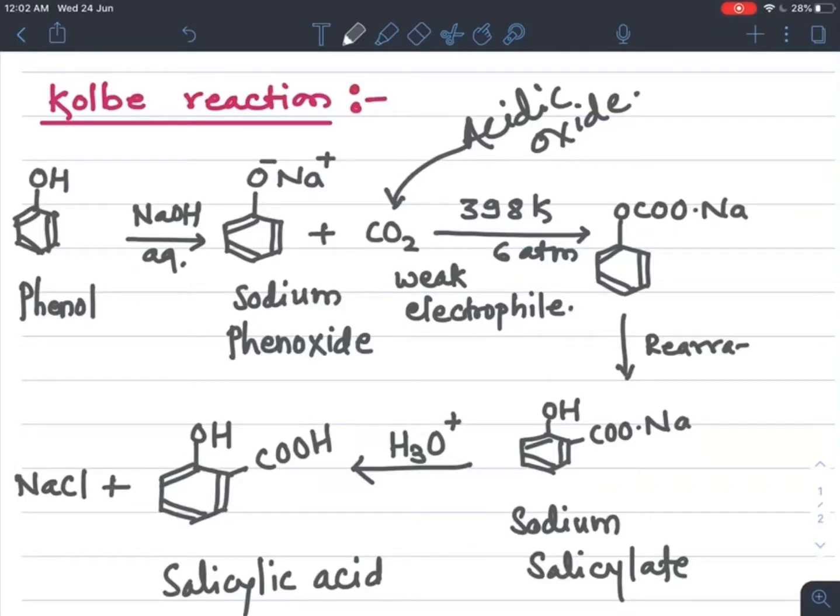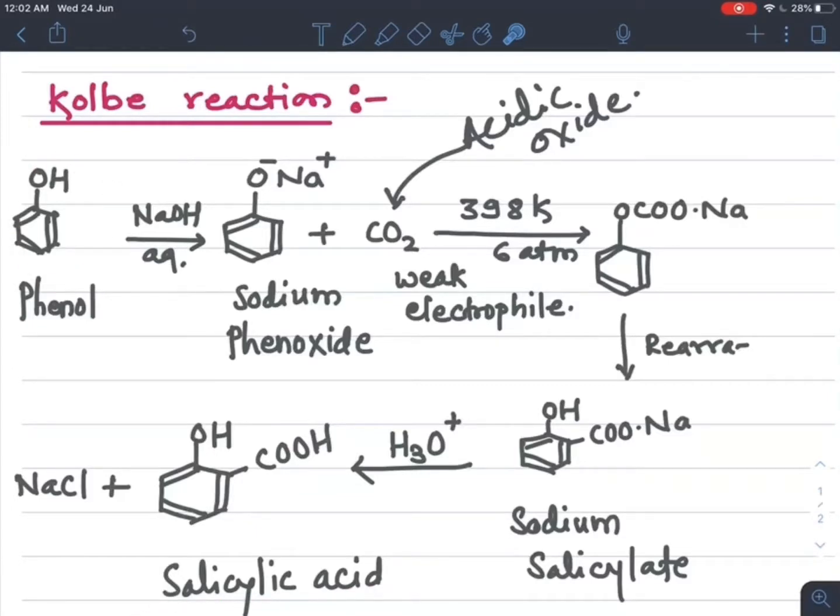Under high temperature and pressure, this CO2 gives the intermediate product, and on rearrangement we get the corresponding sodium salicylate. On acidification of this sodium salicylate, Na is replaced by H. So the final product formed is salicylic acid.